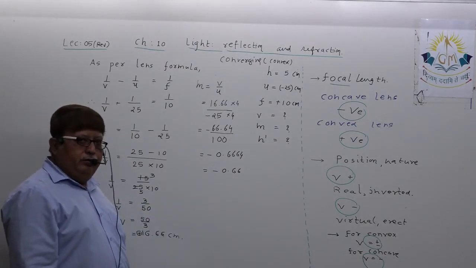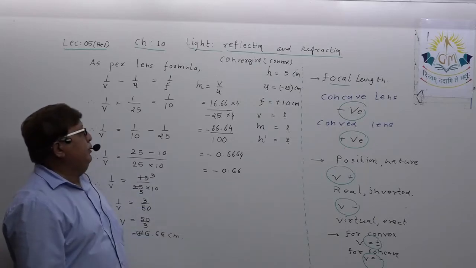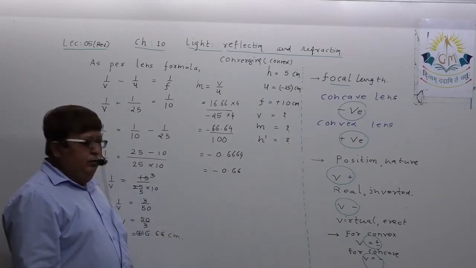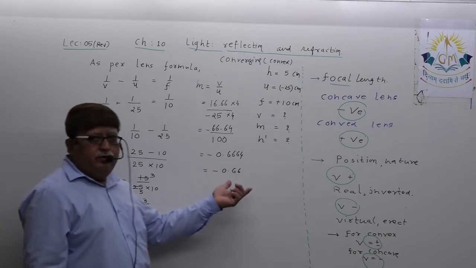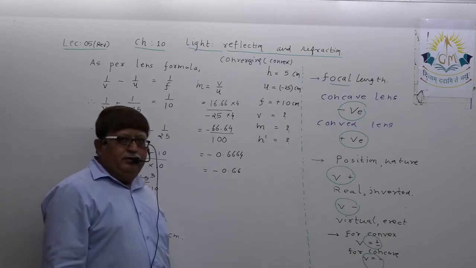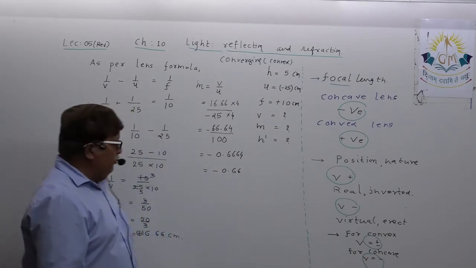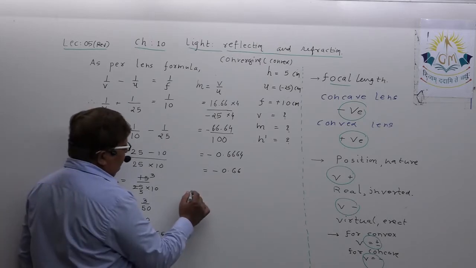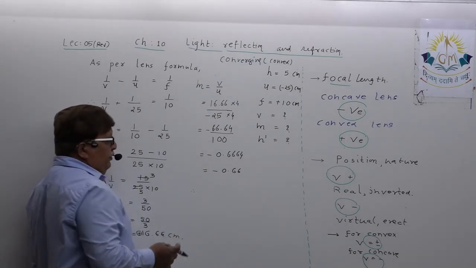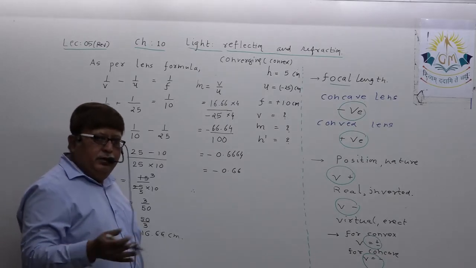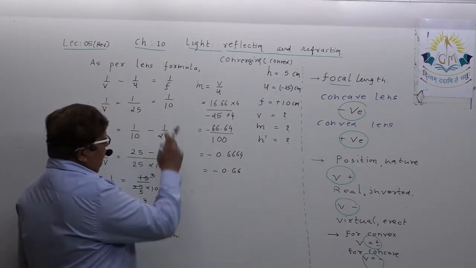You already got the value of magnification. Somewhat you can sum up as minus 0.67. That is also going to work. But this is sufficient because when the division is not terminating, you can take arbitrary values.